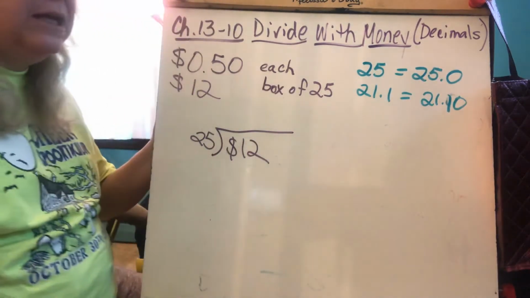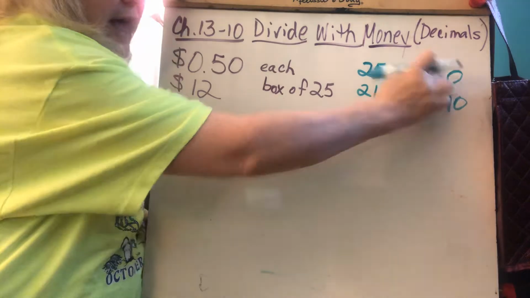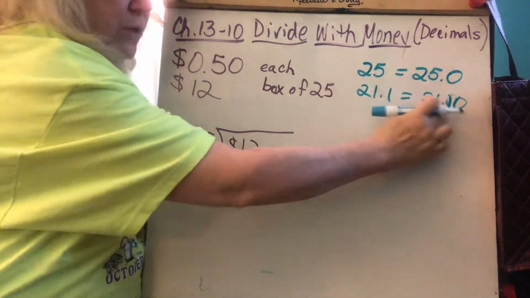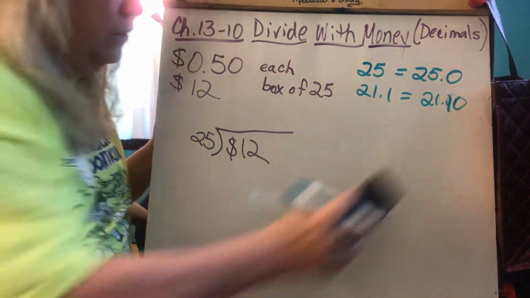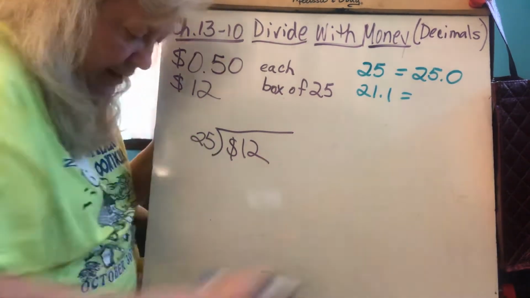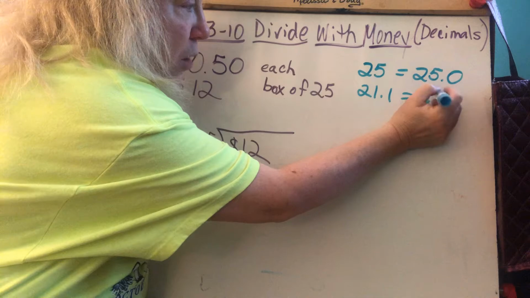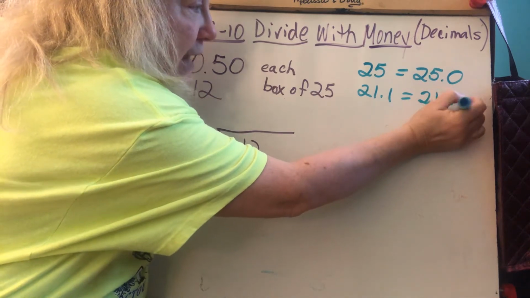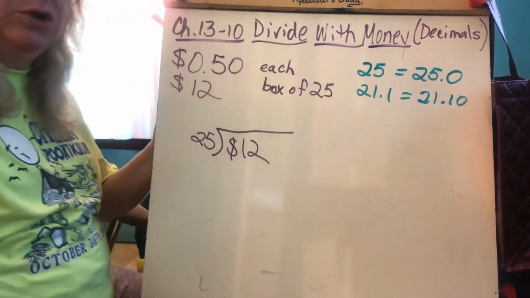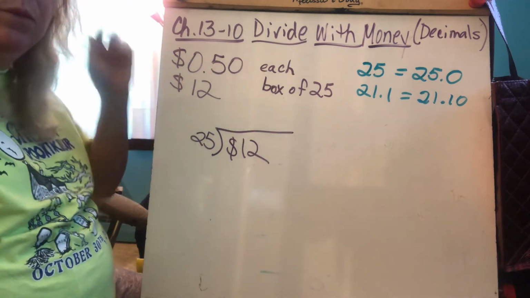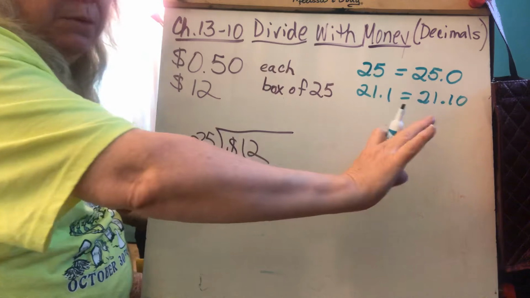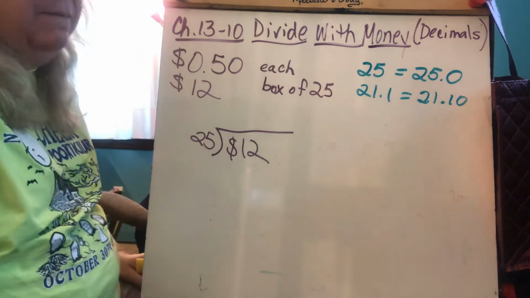This equals that, and this one equals that. Even though they look like they have more places, they have the same value. I'm going to rewrite that because that looks a little sloppy. It doesn't matter how many zeros you add after the last digit. Once you put a decimal point in, it will equal the same value.